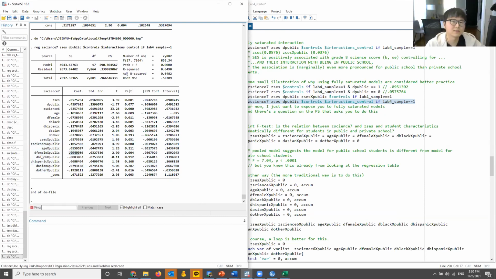And the coefficients for the interaction variables wouldn't mean that much? Yeah, so if you wanted to interpret this, this is the interaction between female and public, which is two dummy variables. So you would have to say, for somebody who is female and in public school... Oh wait, sorry.